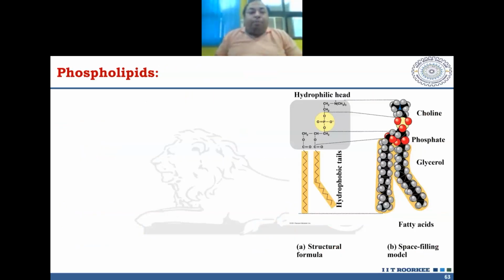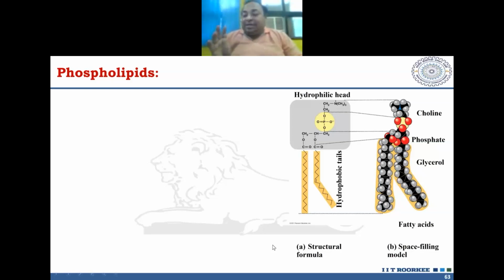Then we come to phospholipid. Phospholipids are like fat, but here in the tail there is a phosphate which is followed by a hydrophilic head. If it is positive, it is positive in nature. If it is negative, it shows negative in nature.